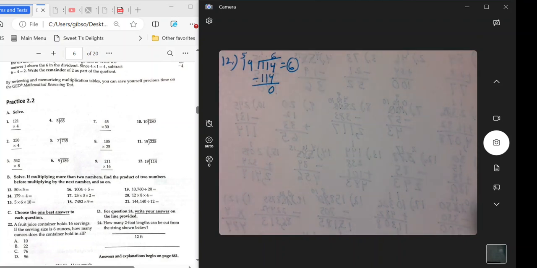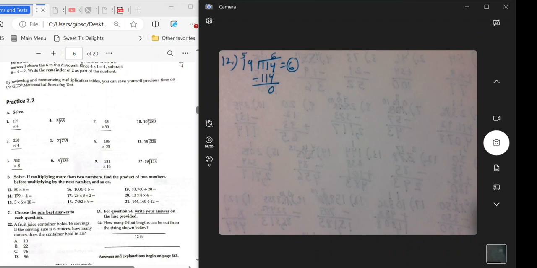Okay, now with 13, for problems 13 to 21, we have to set this up ourselves. We want it to mirror what we did for problems 1 through 12. We want our problems to look like these. Our multiplication to go vertical and our division to go horizontal with the division bar.